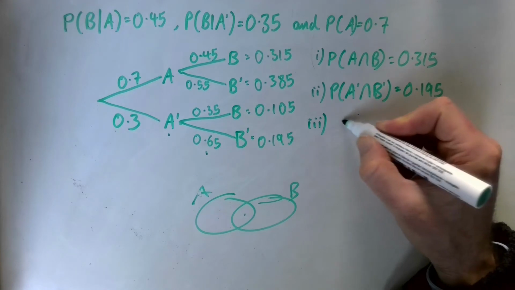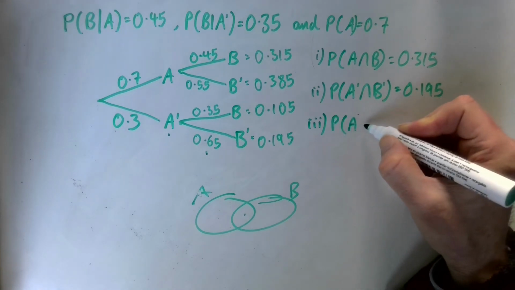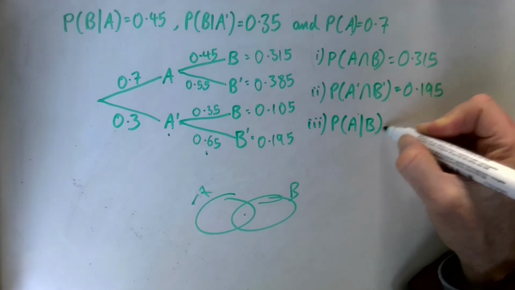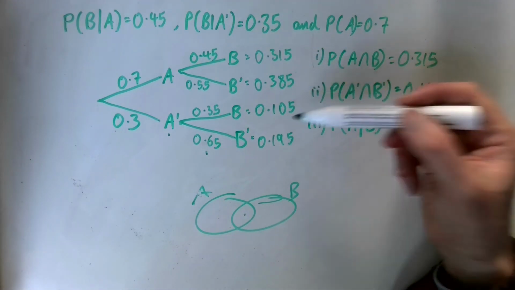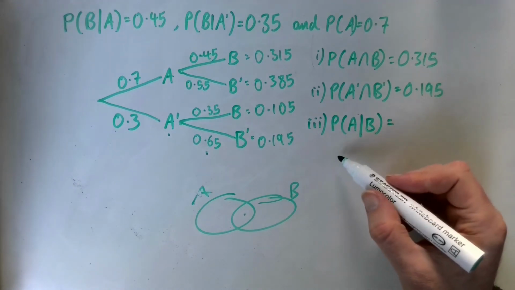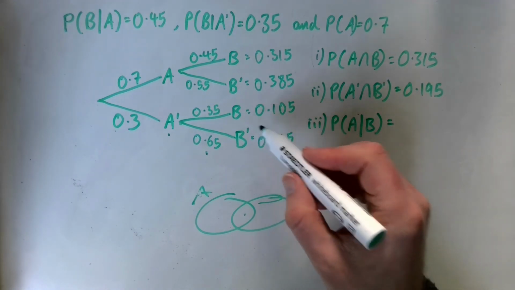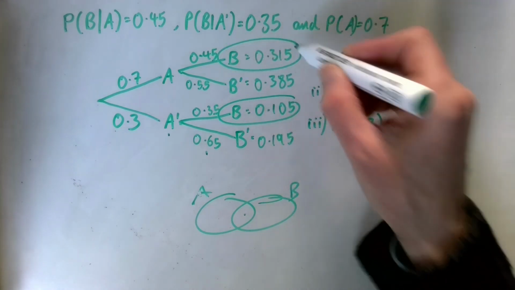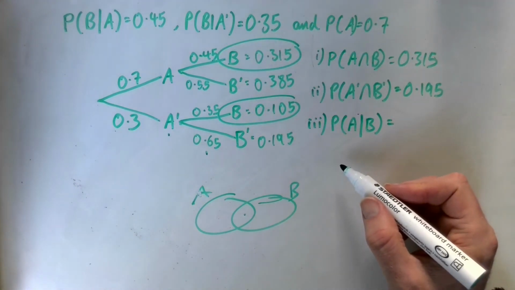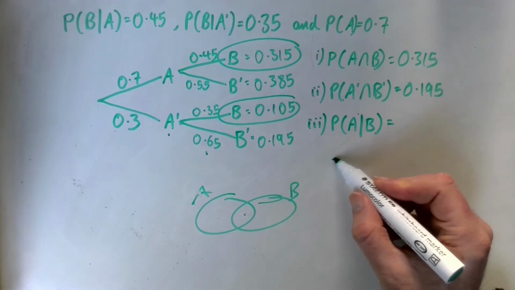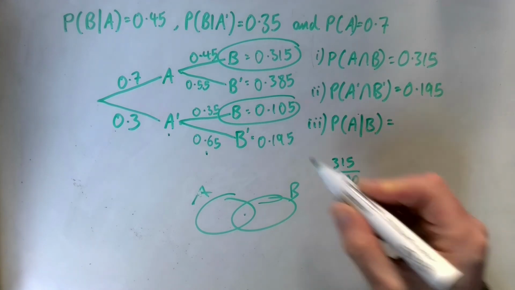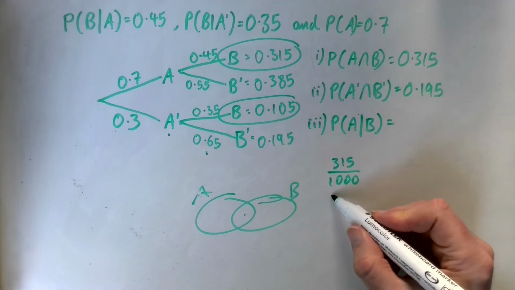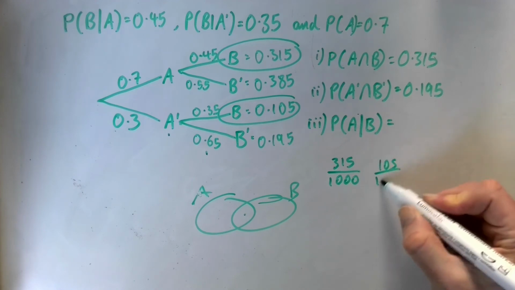And finally, we've got the probability that A happens given we know that B happens. Now, these are all 3 decimal places, aren't they? So we know the two things of B happening are this one here and this one here. So A happening when B happens is 315 over 1,000. A not happening is 105 over 1,000.